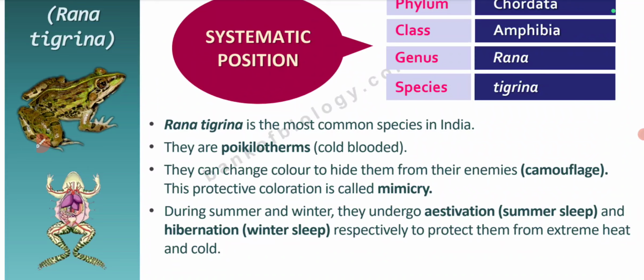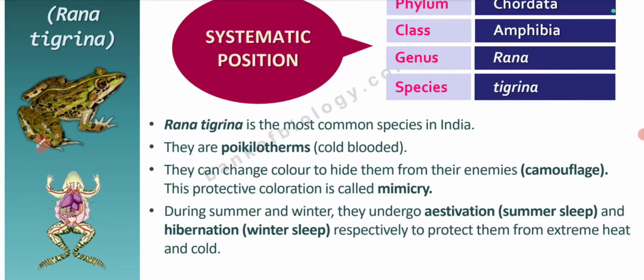They are poikilotherms, means cold-blooded animals. They can change color to hide themselves from their enemies, that is called camouflage. This protective coloration is called mimicry. During summer and winter, they undergo estivation, that is called summer sleep, and hibernation, that is called winter sleep, respectively, to protect themselves from extreme heat and cold.